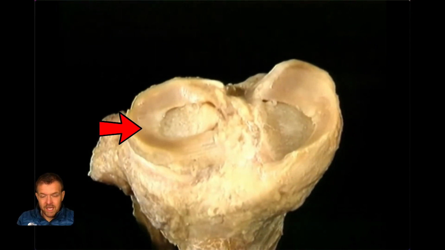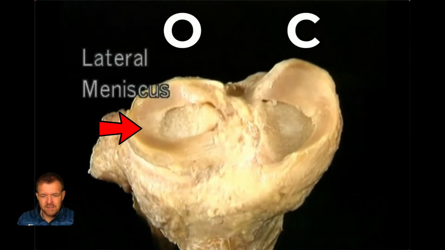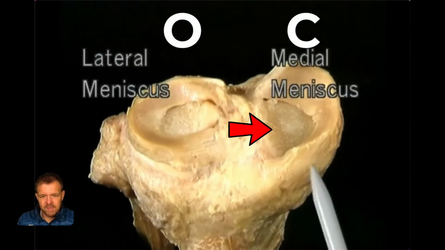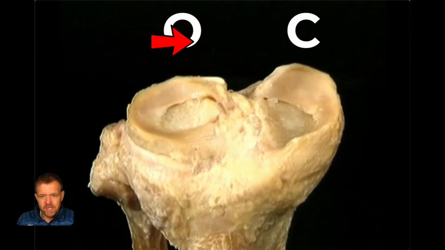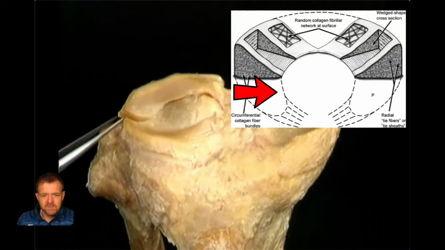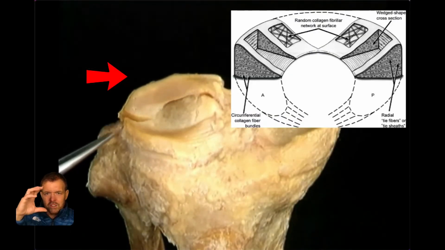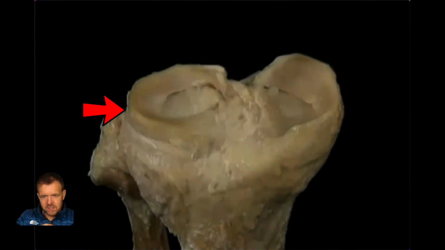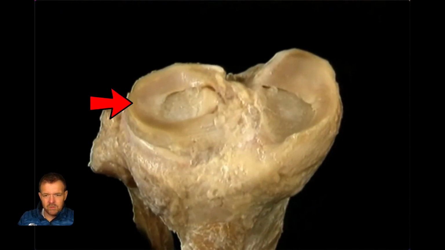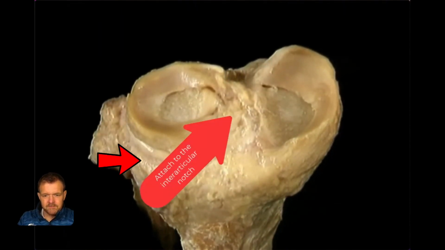So they're not static on that plateau. They do move around. Well, one less so than the other. But there's your O shape for the lateral and a C shape for the medial. And there's that wedge shape of it from outside to in. So thinner in the middle, flatter on the outside.